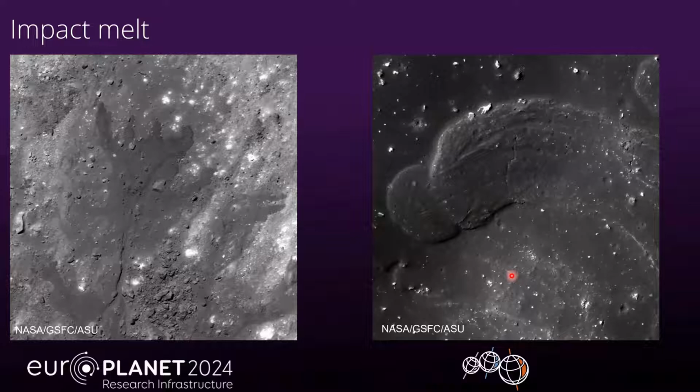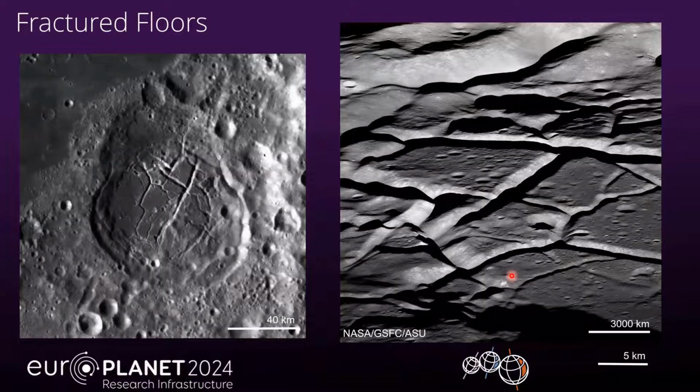One other thing that can happen in craters that I think we might see in the mapping area is that their floor becomes inflated, that a volcanic sill basically forms underneath the impact melt and impact breccia, and it inflates and causes this fracturing.